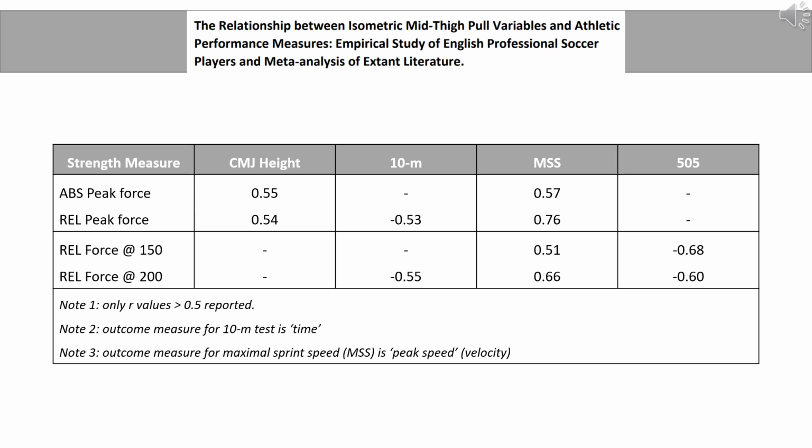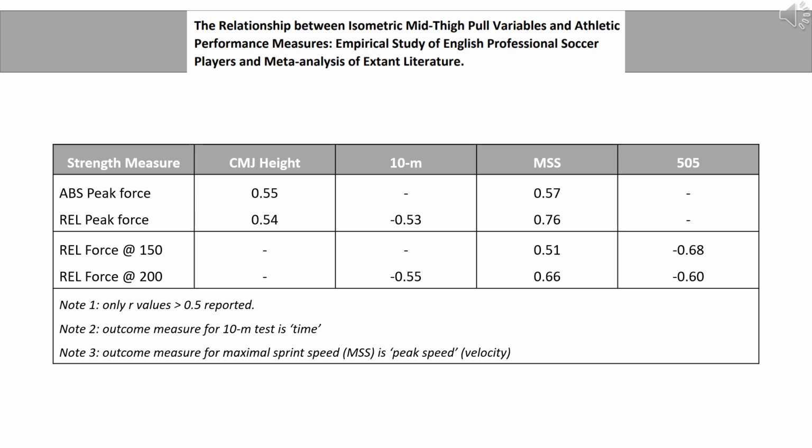However, for 10-meter and 5-0-5, because the outcome measure is time, and the most desirable outcome for a time-based measurement is the smaller value, the correlations are in the opposite direction. We see negative values of 0.53, 0.55, and then for the 5-0-5 test, minus 0.6 to minus 0.68.